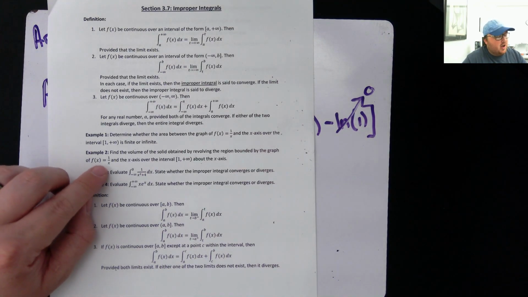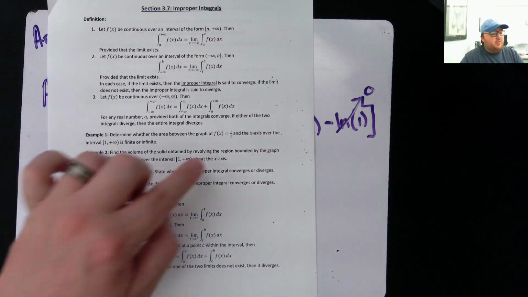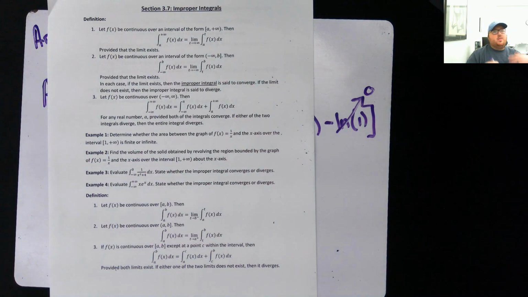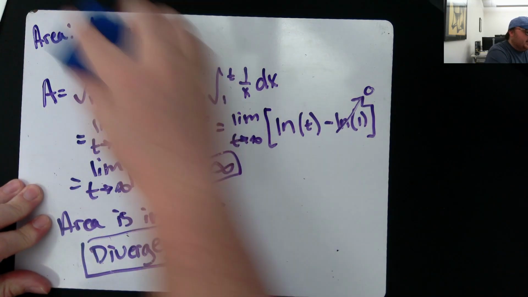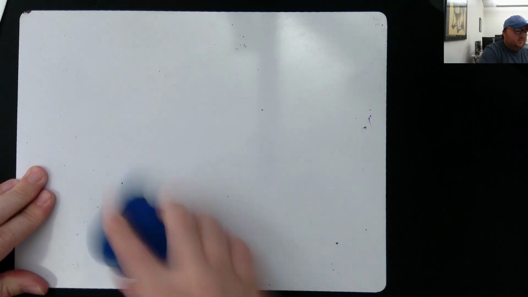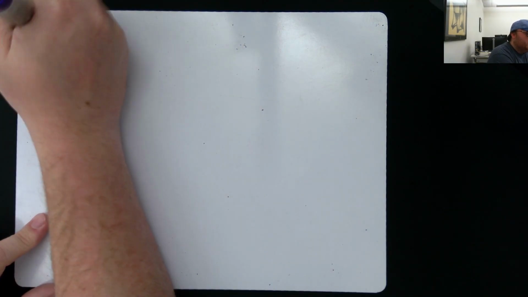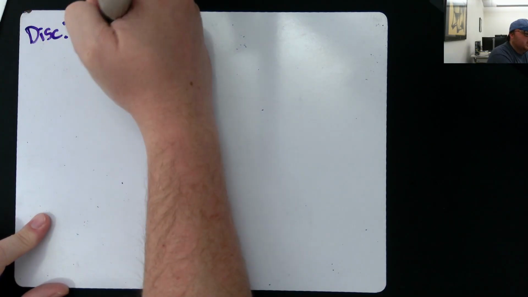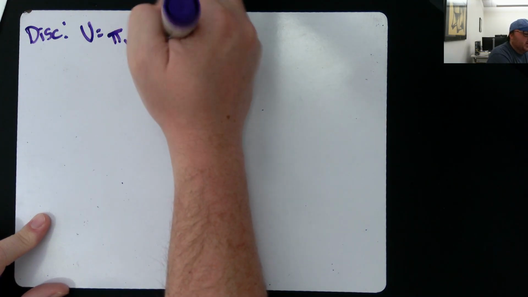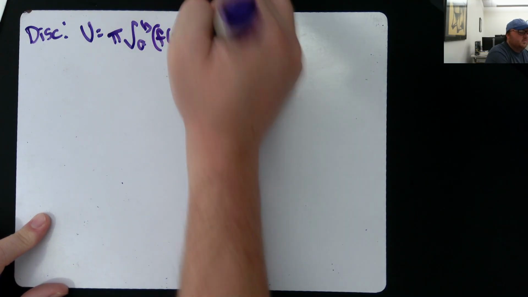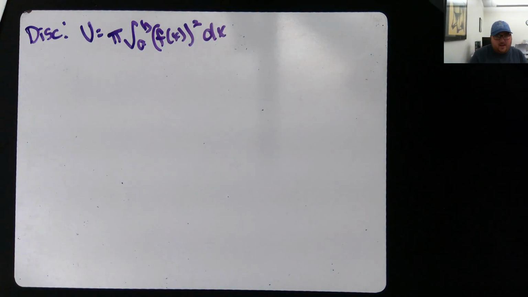Well, this is a function of x rotating around the x-axis, which means I want to use the disk method. Remember that the disk method for volume equals pi integral from a to b of my function squared. So I'm using that here.